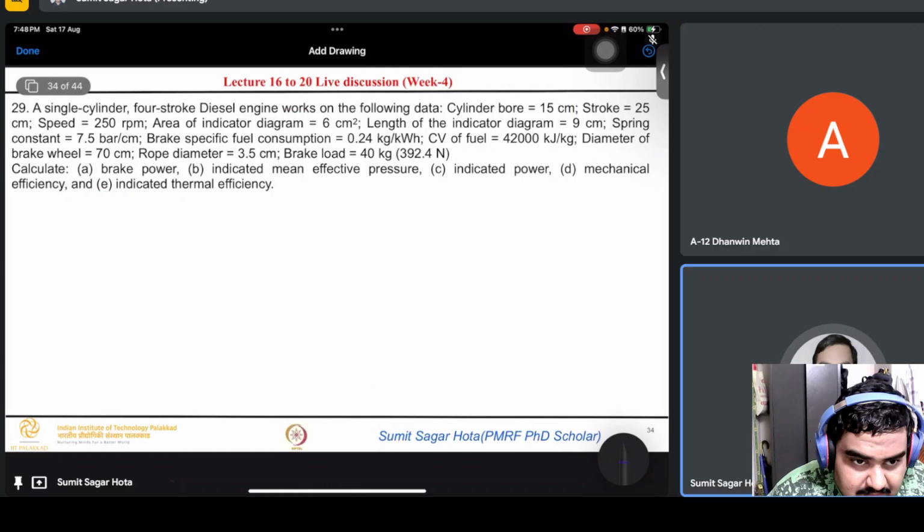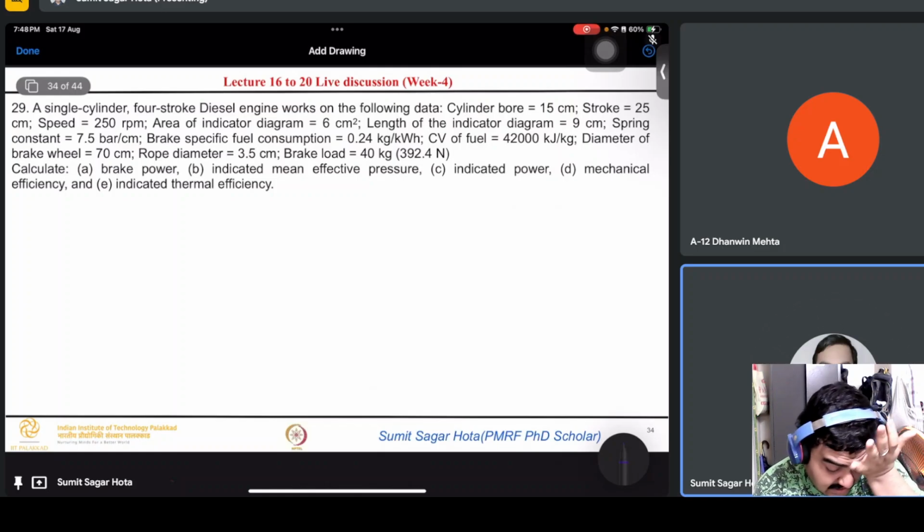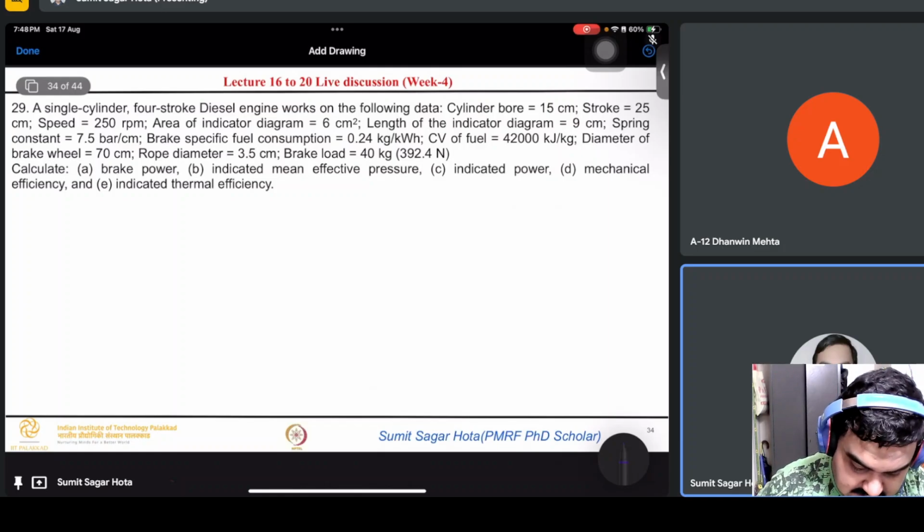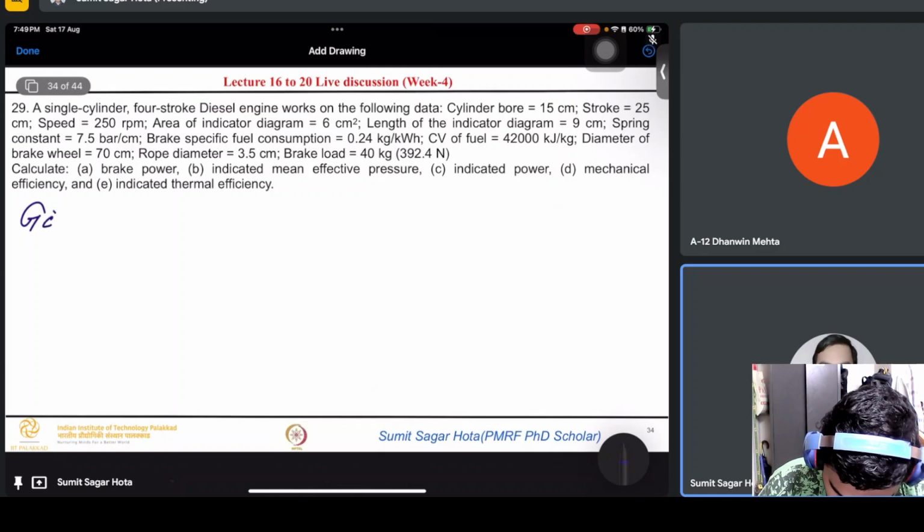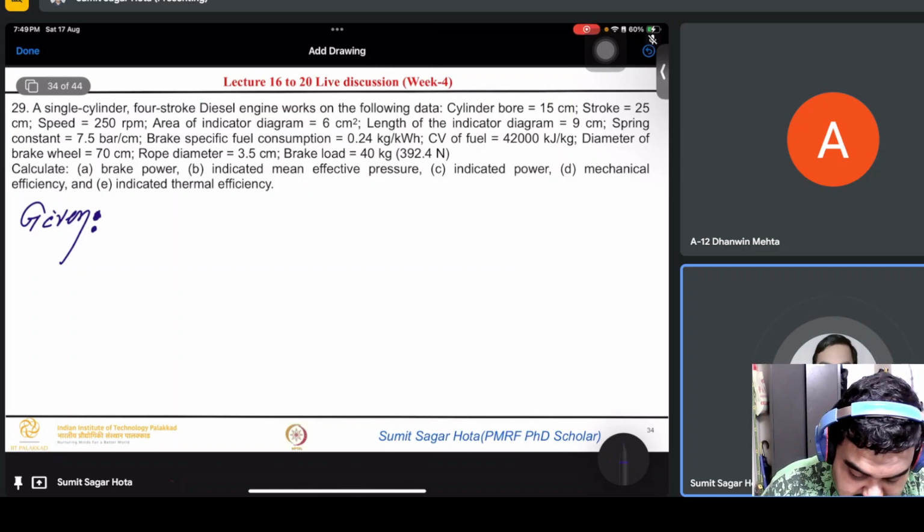We need to calculate the brake power, indicated mean effective pressure, indicated power, mechanical efficiency, and indicated thermal efficiency. This question covers most of what they will ask as a short question, 1 mark, in the MCQs. It's only one question, it will be enough. We will write down what are the things given.